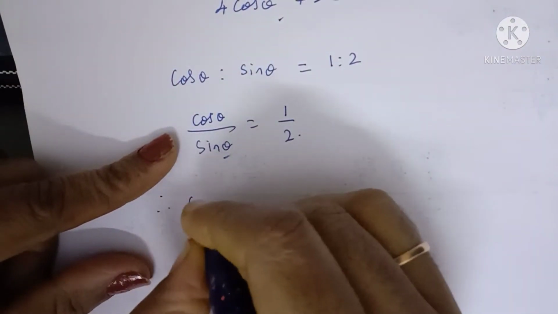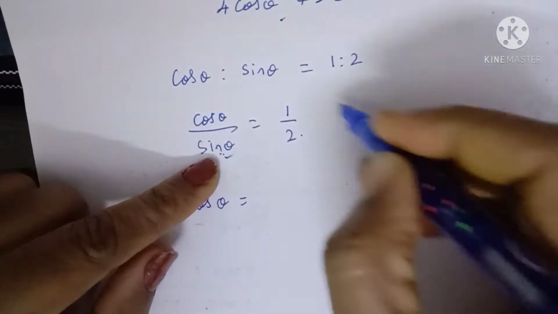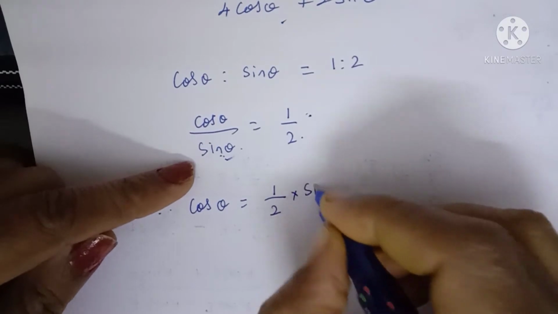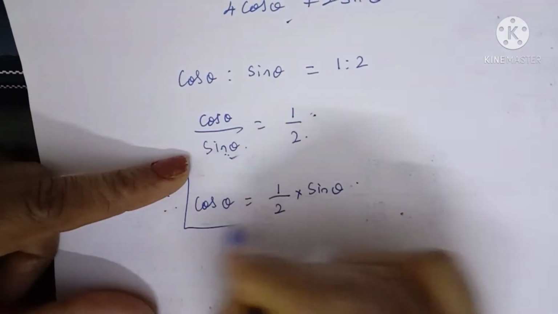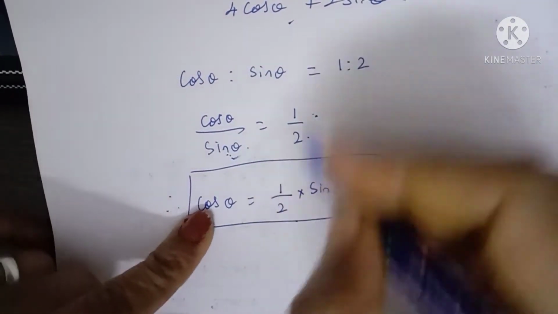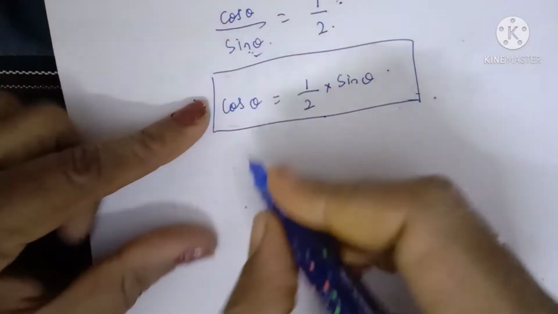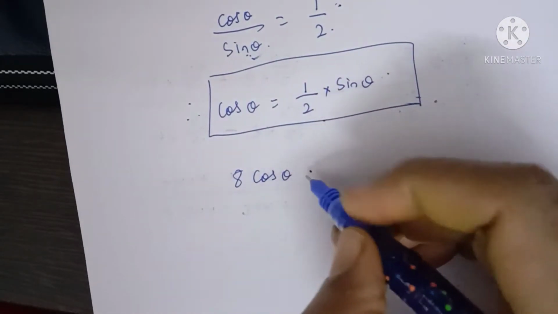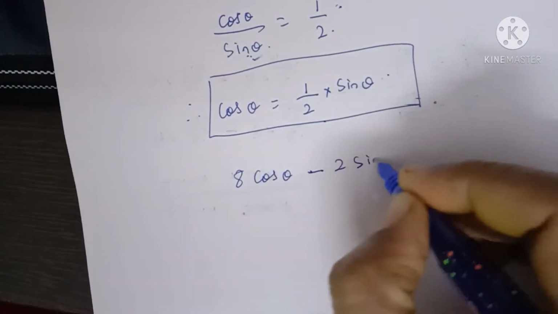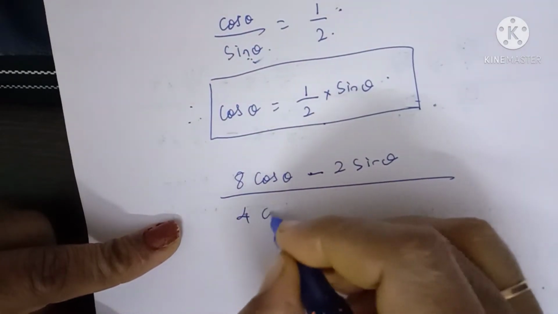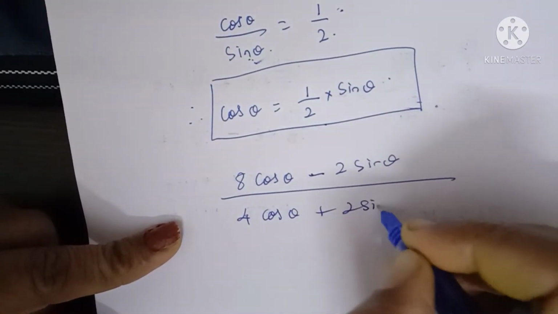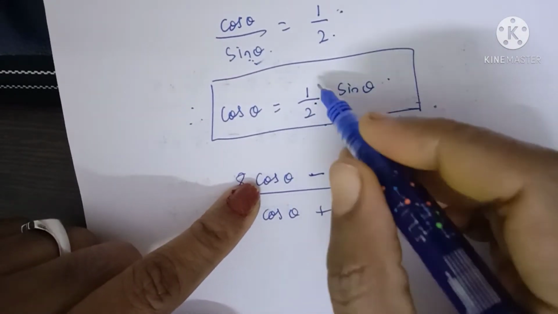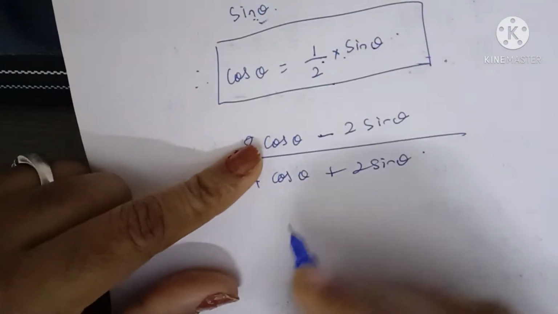Therefore, cos theta is equal to, if you bring the sin theta to your right hand side, division means into, 1/2 into sin theta. Substitute this value in your formula, 8 cos theta minus 2 sin theta by 4 cos theta plus 2 sin theta. So, in the place of cos theta, substitute the value of 1/2 into sin theta.